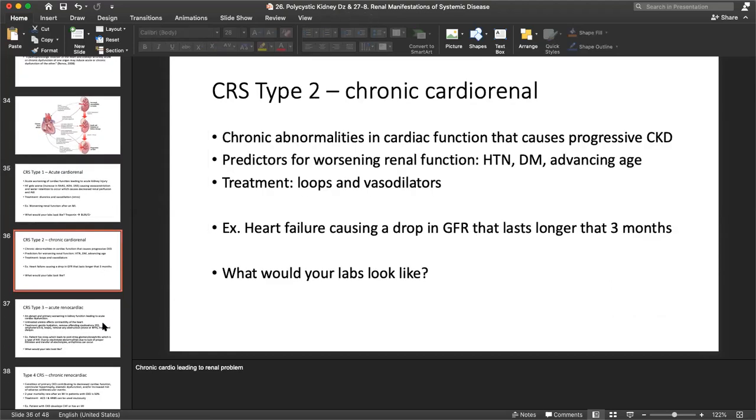Okay, chronic cardiorenal. So we have a chronic cardio problem leading to a chronic renal problem. Hypertension, diabetes, and advanced age can progress it. Let's say we've got CHF or hypertension, and it's causing CKD. Treatment: loops, vasodilators.